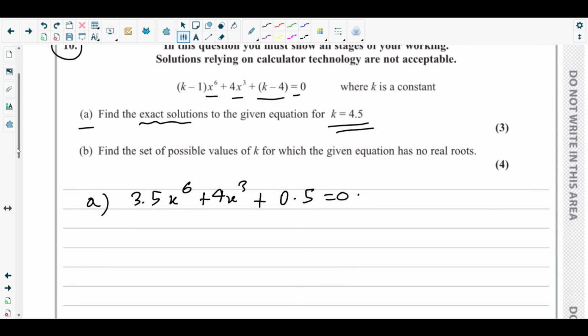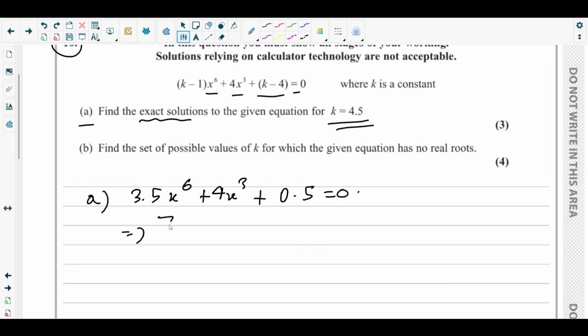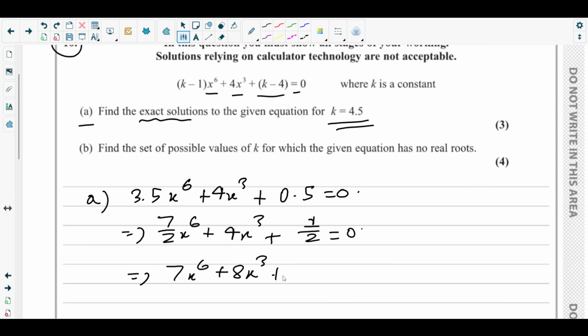So 3.5 is basically 7 over 2 x to the power 6 plus 4x cubed plus half equals 0, right? So multiply both sides by 2 so that the denominator gets cancelled: 7x to the power 6 plus 8x cubed plus 1 equals 0.